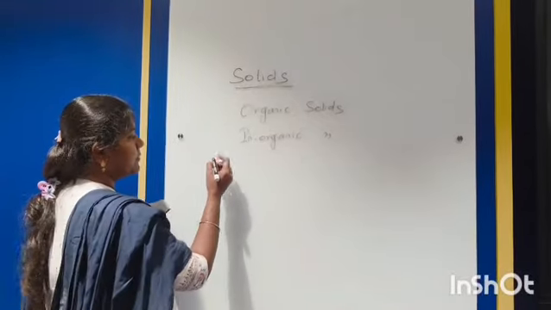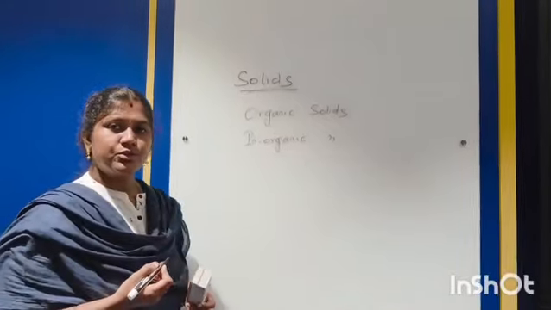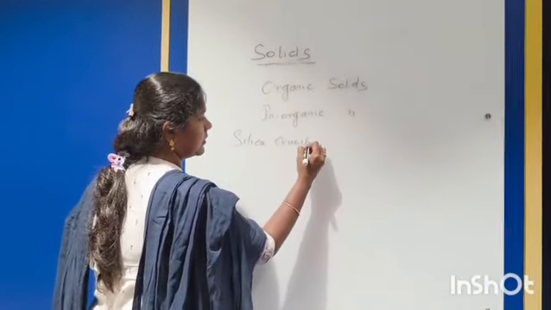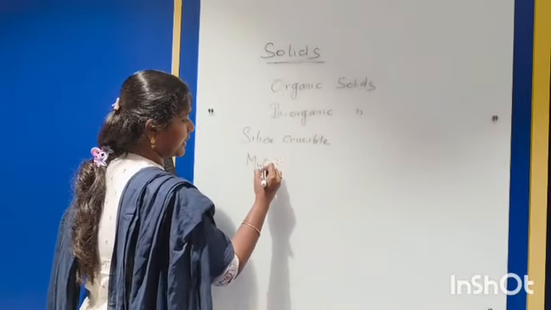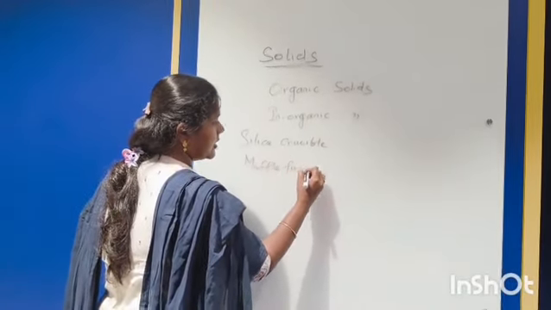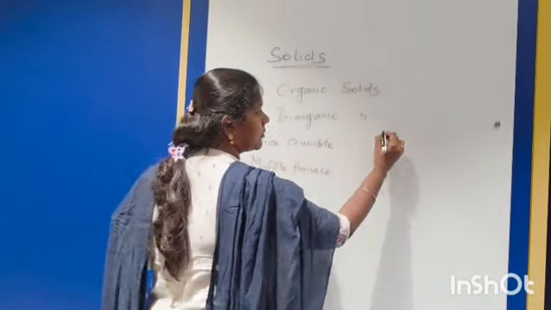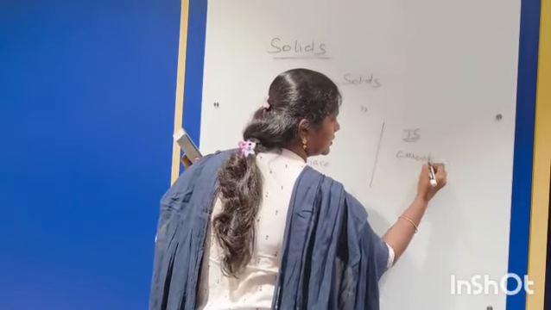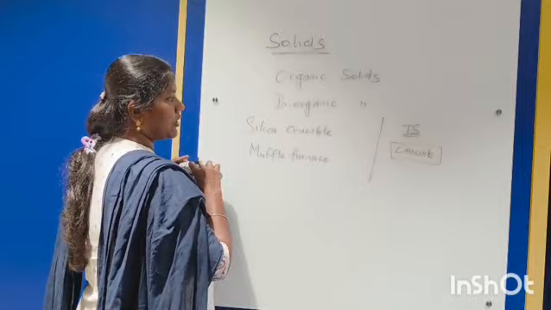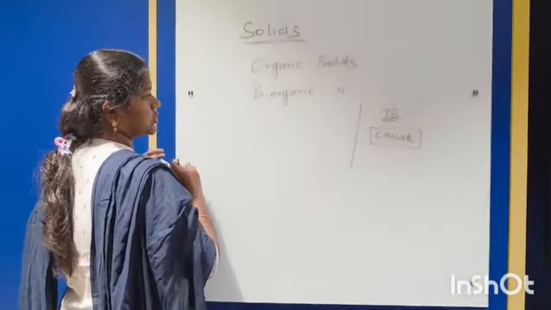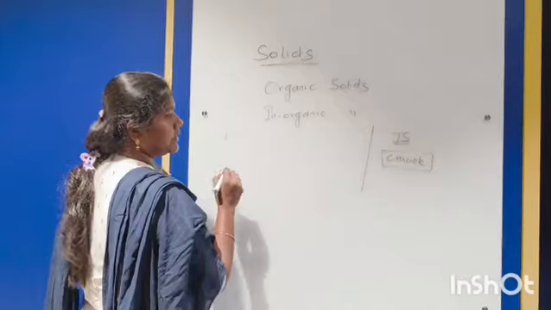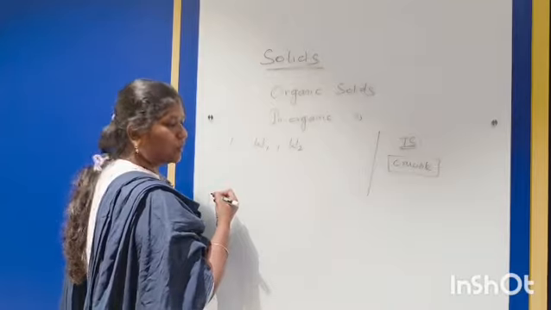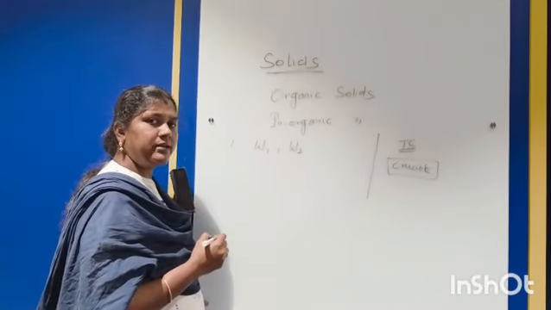Again, the apparatus used is the silica crucible. The main thing is the muffle furnace. As I told you already, the crucible used for total solids can be used for this organic and inorganic solids determination. The crucible initial weight we have noted already, W2 we have also noted already. Now we are going to determine W3.